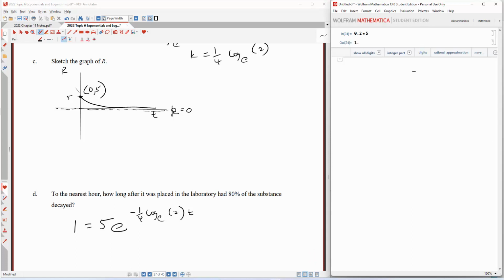All right, so let's jump on to Mathematica and start the solve. Solve 1 equals 5 times e to the power of negative a quarter times log, my base is e, 2 times t, and nearly forgot the double equals, for t.